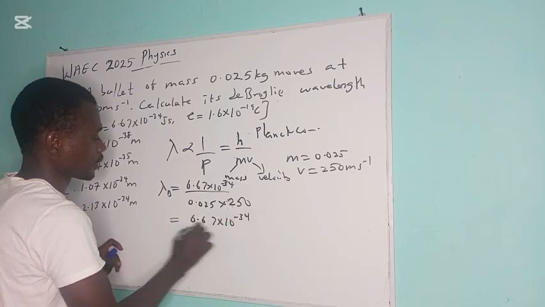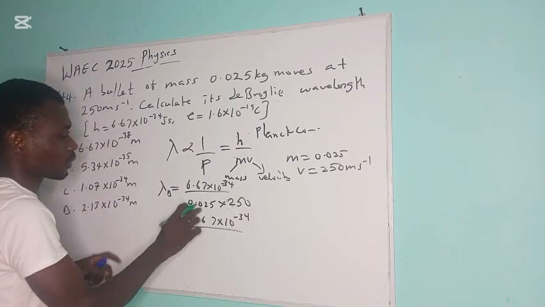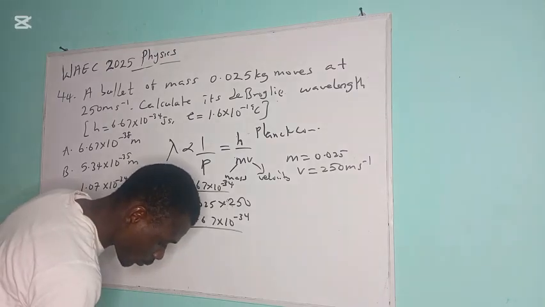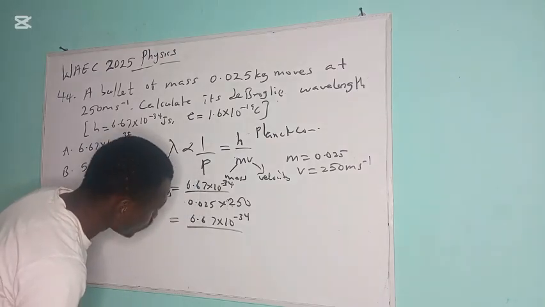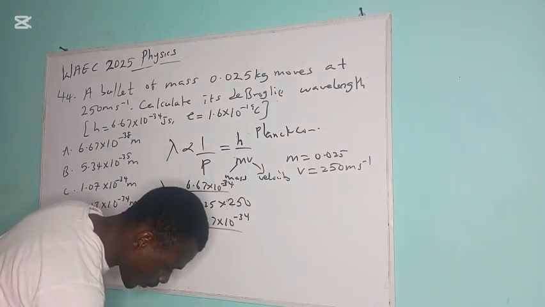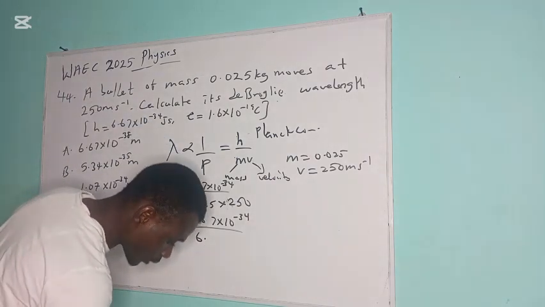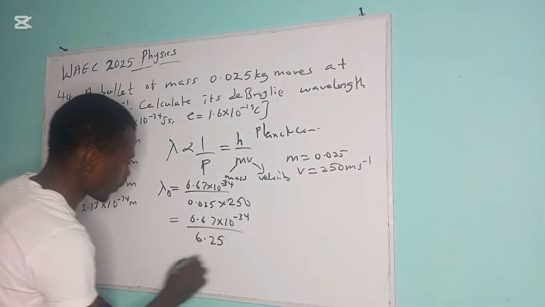So by the time you calculate this, 0.025 times 250, that will give you 6.25. Okay.